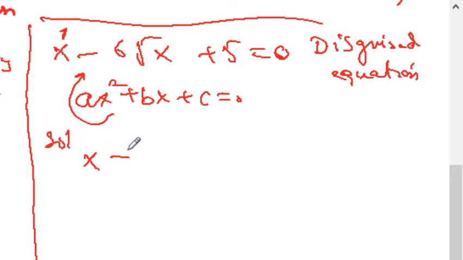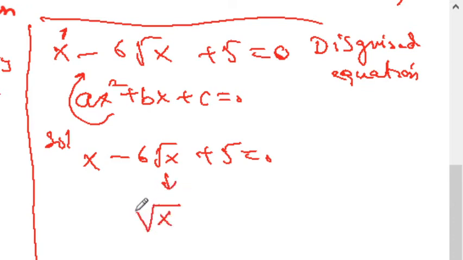Solution: x minus 6 root x plus 5 equal to 0. Now look at the variable in the middle term, that's root x. So substitute that. I will say let it be y.